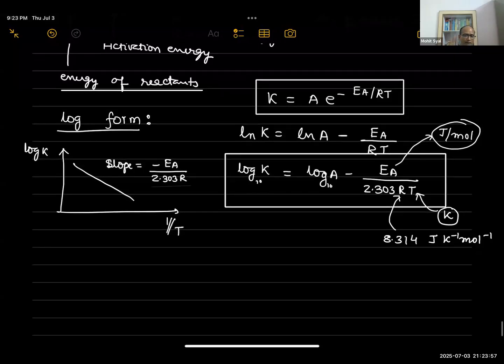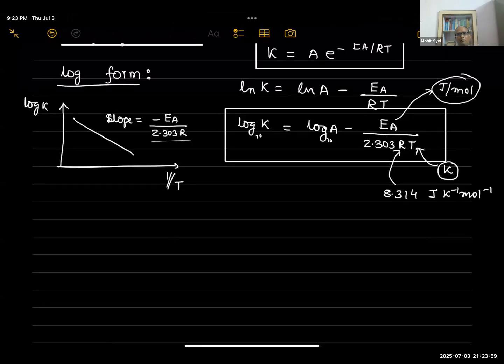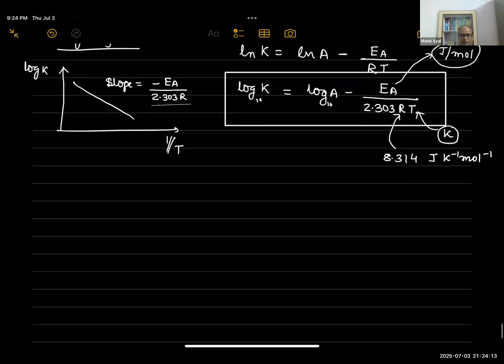But the most common questions are given with two temperatures. At one temperature, the value of K is given, and you are asked to calculate the value of K at another temperature. So what you will do here is, you have K1 at T1, K2 at T2, right?